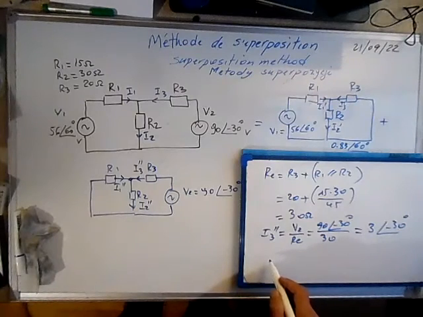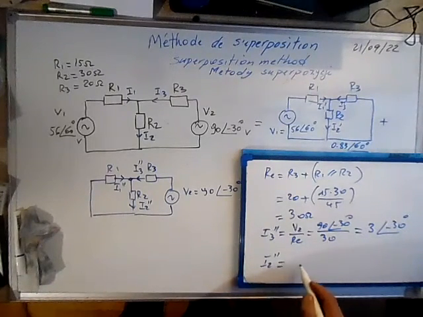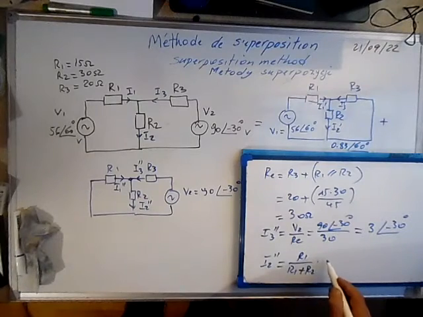From this we can calculate I2 double prime, which is equal to R1 over R1 plus R2 times I3 double prime.